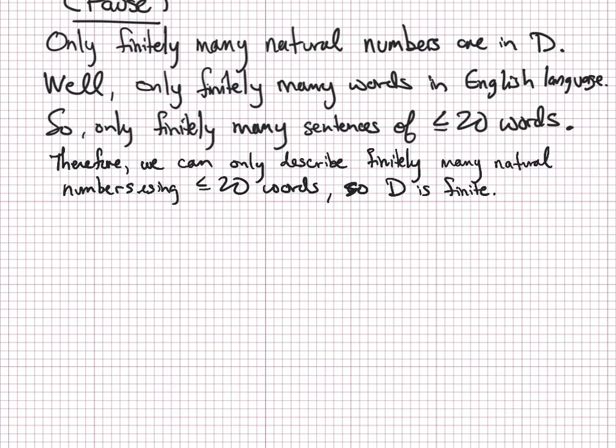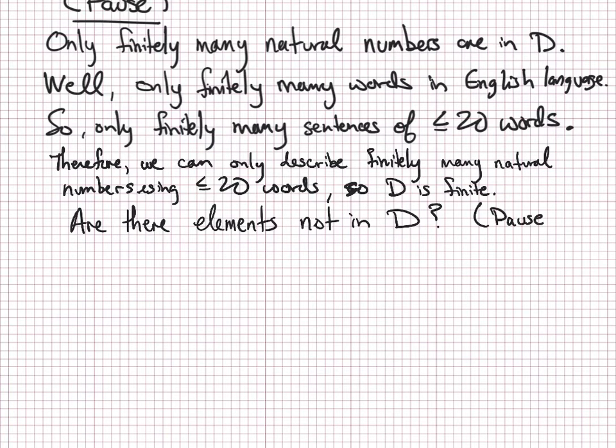What does this imply? Well, let's think about, are there elements not in the set? So are there elements not in D? So are there natural numbers that have to be described using more than 20 words? Well, okay, so again, pause for a second, think about this.